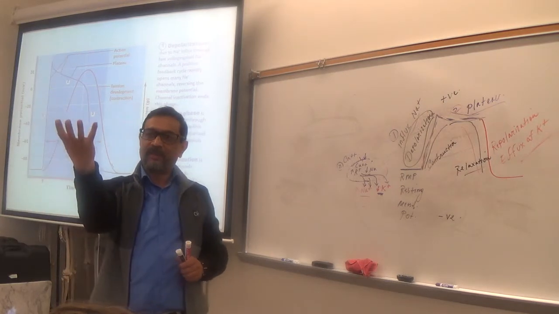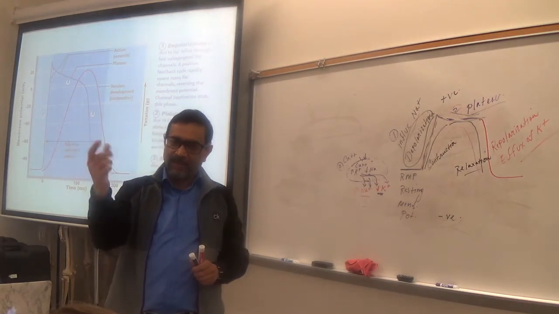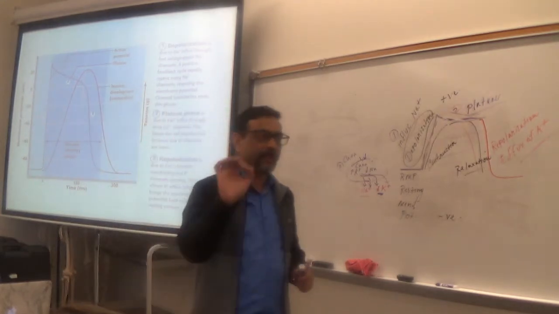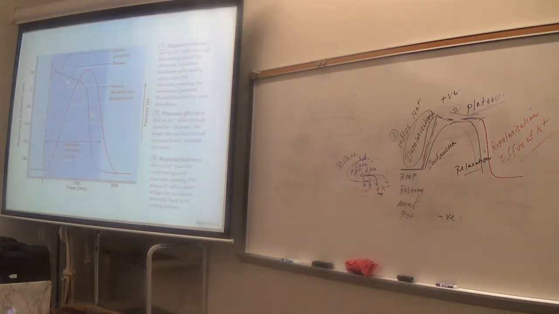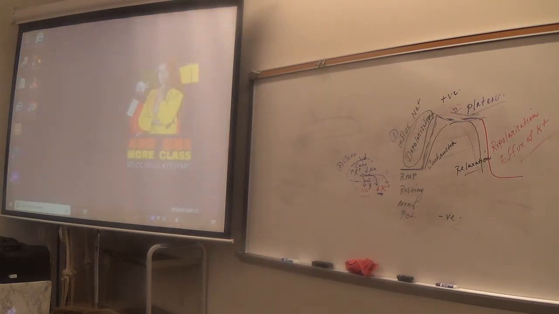So look at this, contraction, then a little bit of time, relaxation. Then contraction, relaxation. So that time is given by that plateau. Okay? It's very important. Okay, so let's stop here. That is the action potential of cardiac muscle and why it is important.